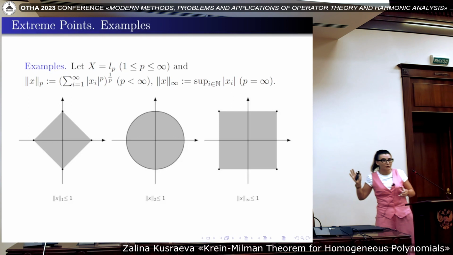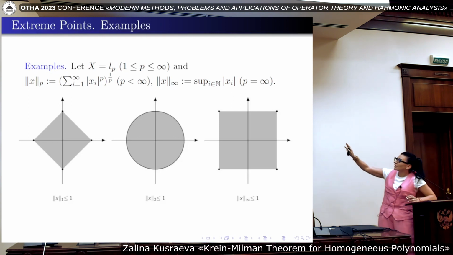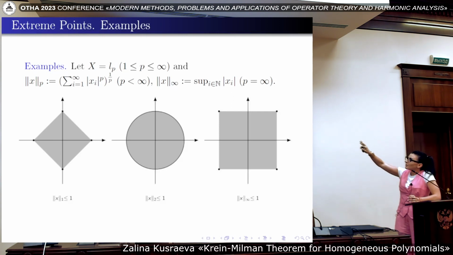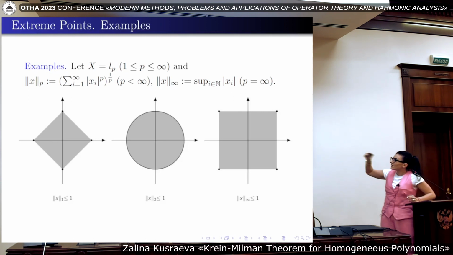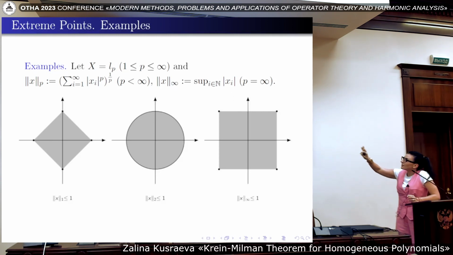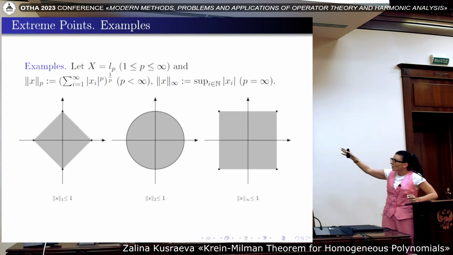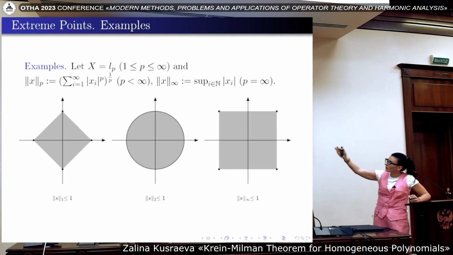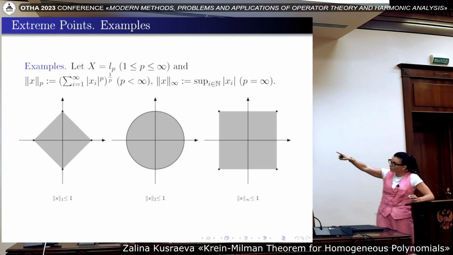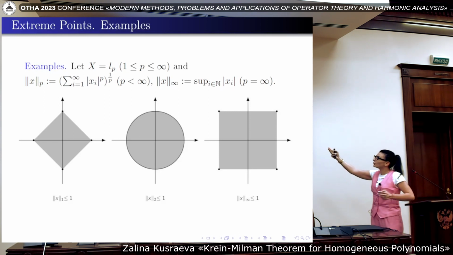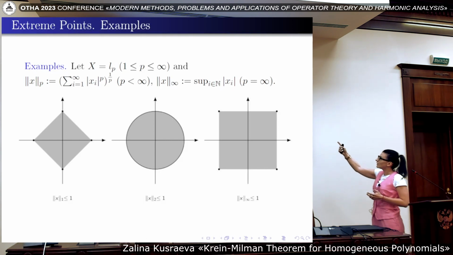So, simple examples. For example, in R2, the two-dimensional l_p space, where l_p is the set of all sequences which are p-summable, we consider three kinds of norms. When p is equal to 1, the unit ball has the form of a rhombus. When p is equal to 2, the unit ball is a circle.